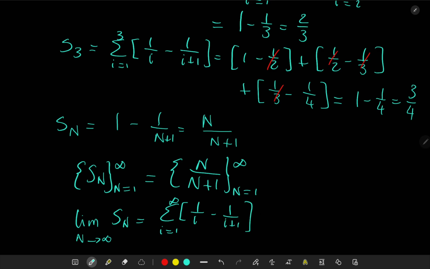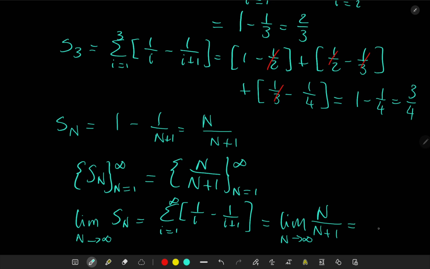And this limit is going to be the limit as n goes to infinity of n over n plus 1, because that's the limit of the function that determines each of the nth terms. And this is just a rational function of n that has the same degree in the numerator and denominator.